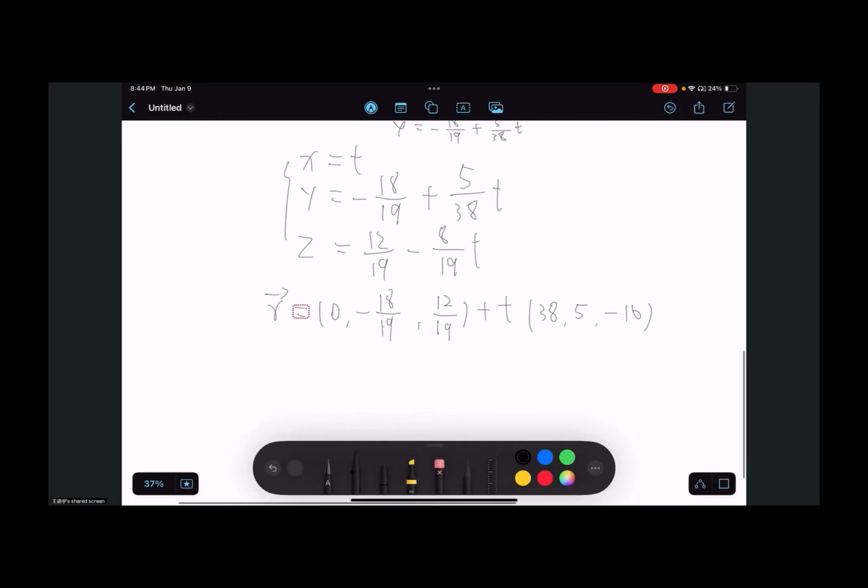So then we got that the intersection of the three planes is this.